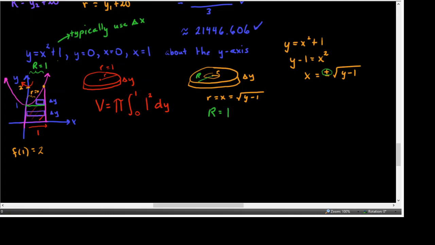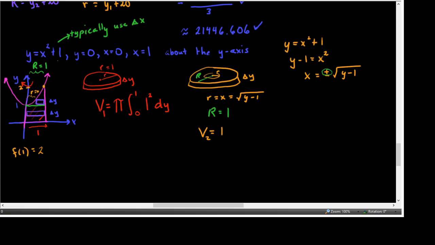And so our integral for this one is, I'll call this V2. I'm going to go back and call this V1, because we have two different regions, so in the end we have to add these two things.